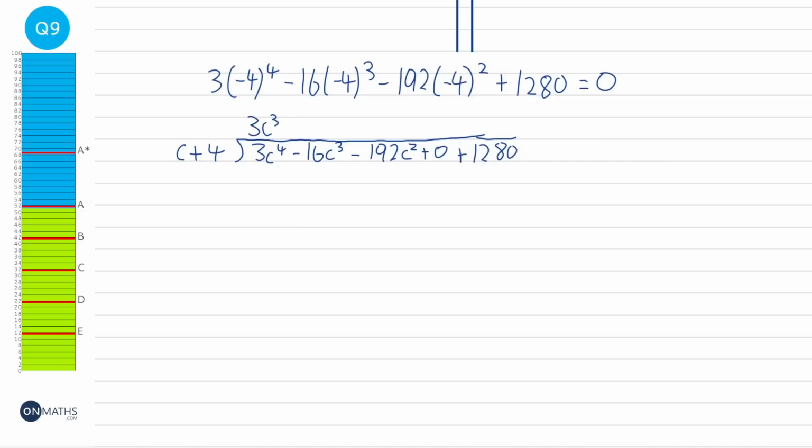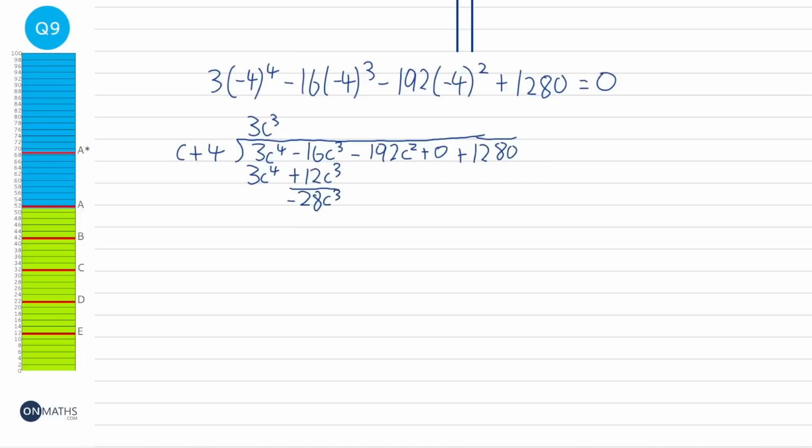And we're just going to multiply that 3c cubed by the c and the plus 4. So that'll be 3c to the power of 4, and then that will be plus 12c cubed. Then we're going to subtract the plus 12c cubed from the minus 16c cubed. So that would be minus 28c cubed.